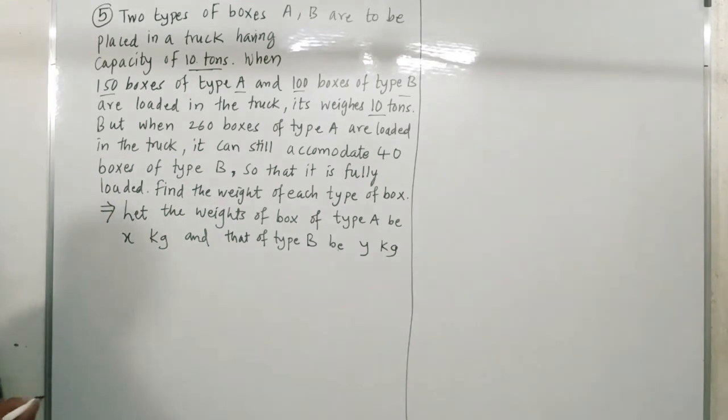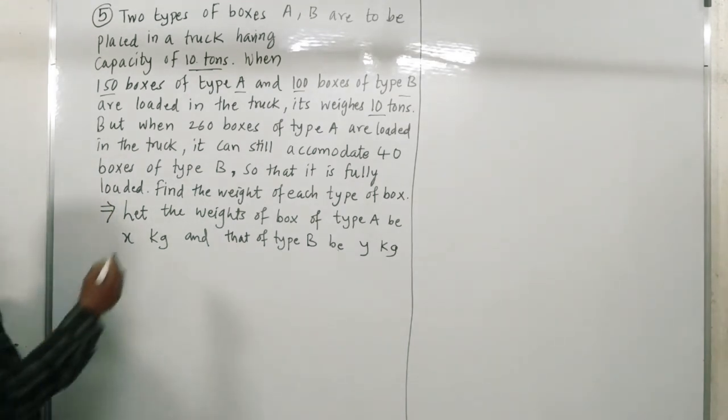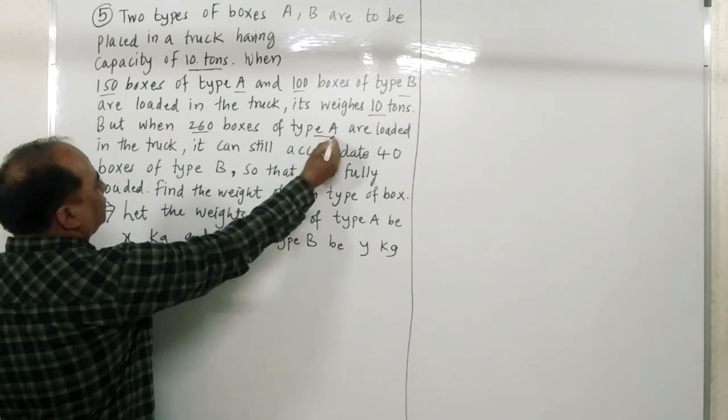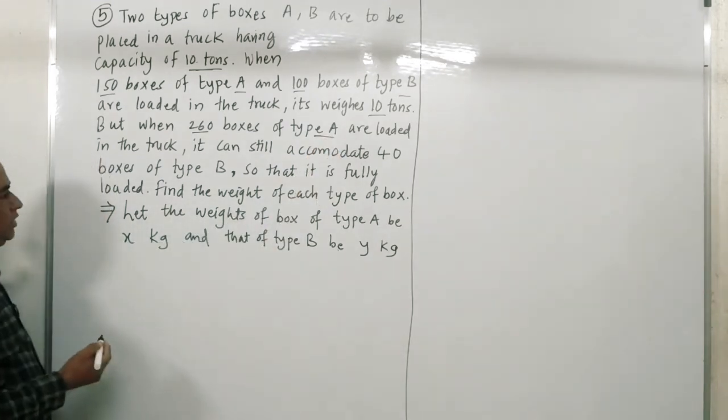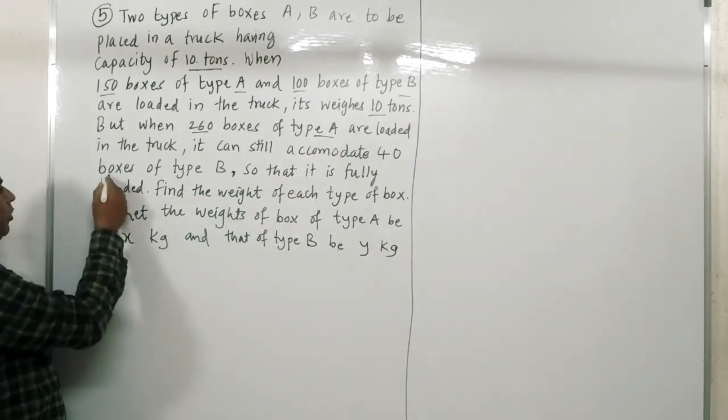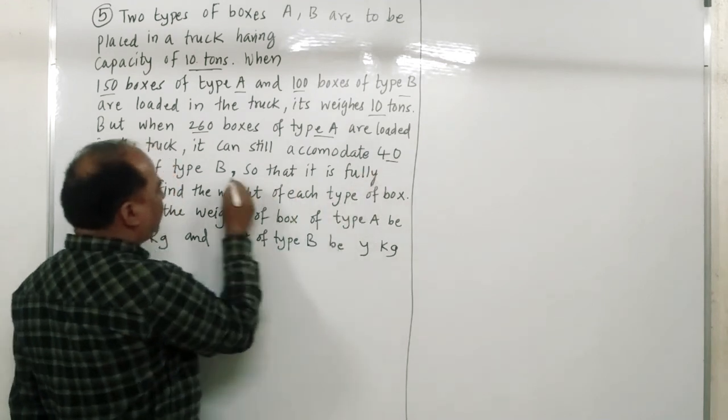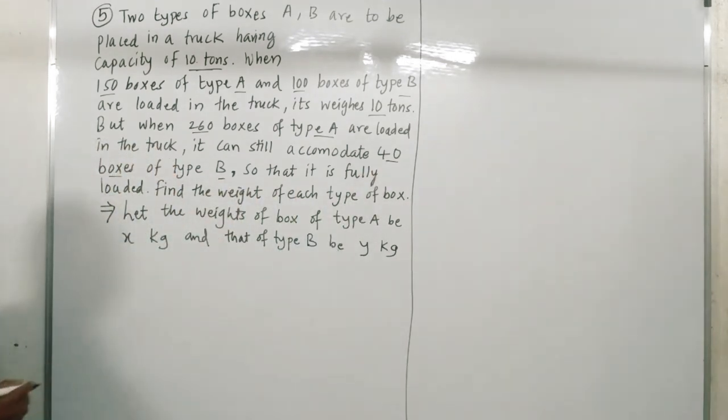But when 260 boxes of type A are loaded in the truck, it can still load 40 boxes of type B, so that it will be fully loaded. So fully loaded truck weight is 10 tons. Find the weight of each type of box.